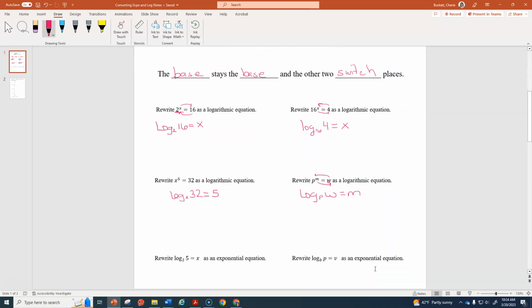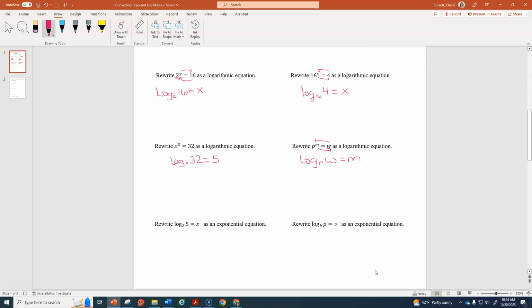Now, it works the same way when you start off with the log. We know that this is going to be the base of my exponent. So the base stays the base, and again, the other two switch places. This is going to become my exponent. So 2 raised to the x is equal to 5. All I'm doing is just converting them. Log base b of p is equal to v.